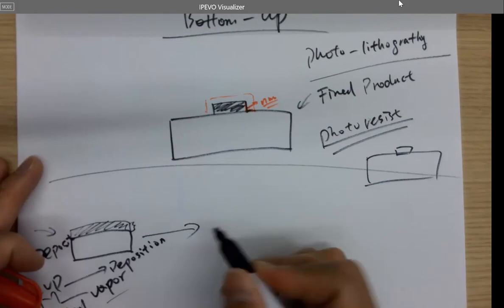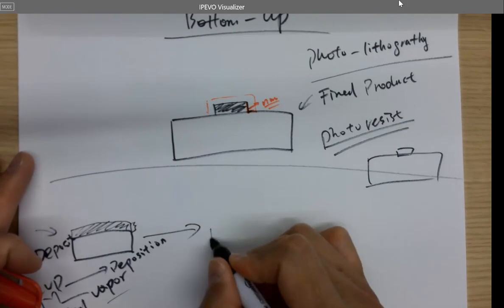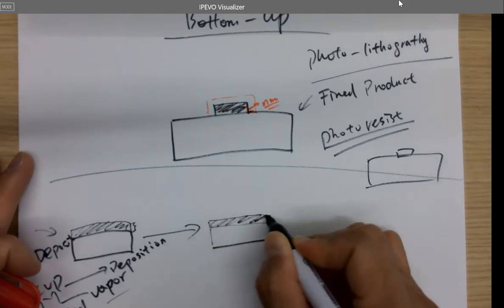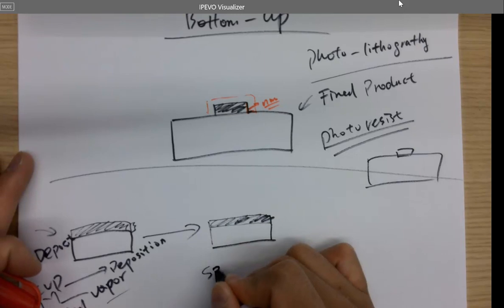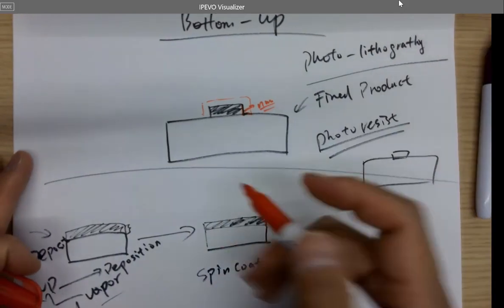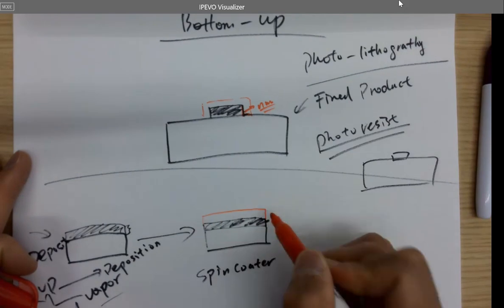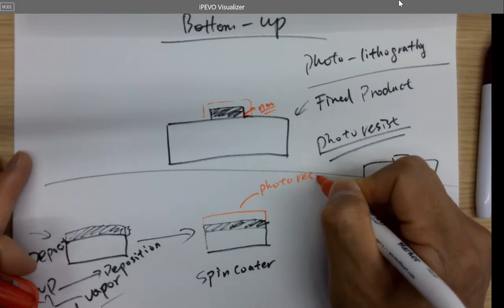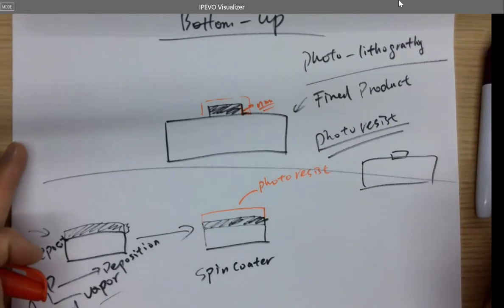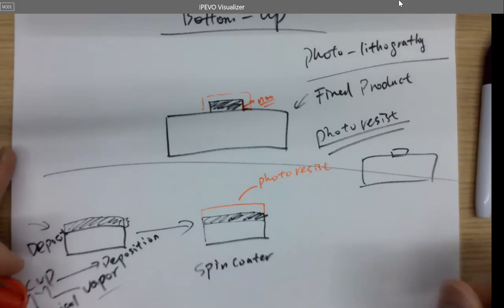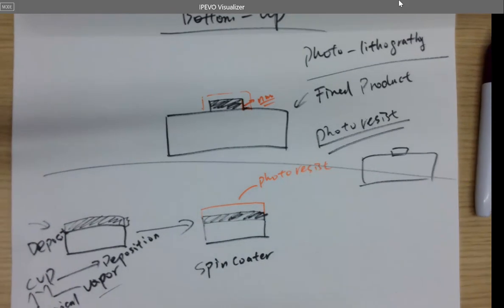And the second step, you place the wafer with a homogeneous metal layer onto a spin coater to spin coat a chemical called photoresist. It's in a bottle. You can pour it on the wafer and spin coat it to make a homogeneous layer as well.